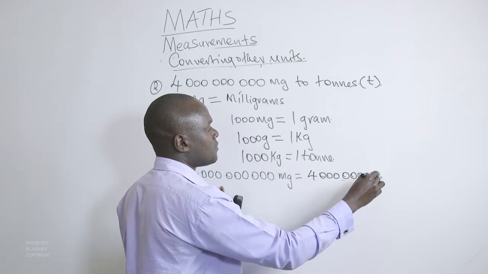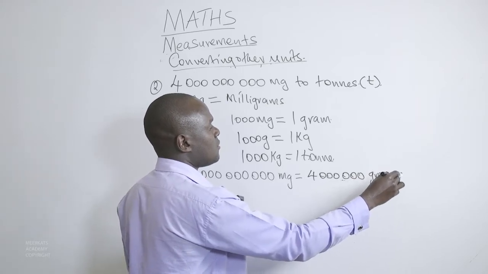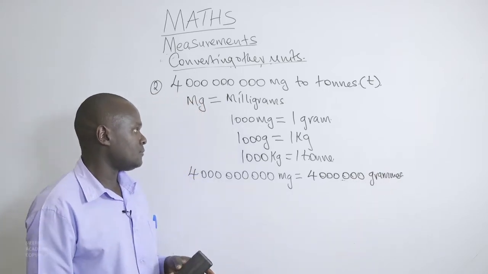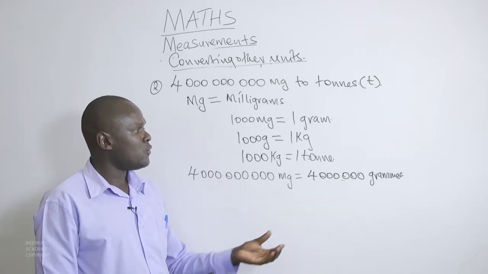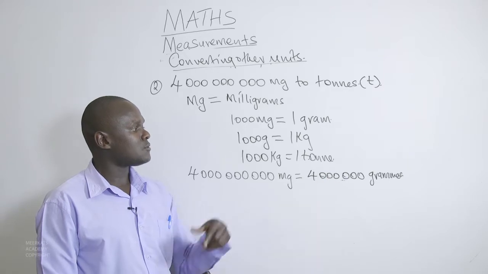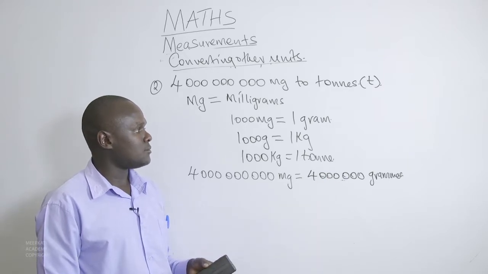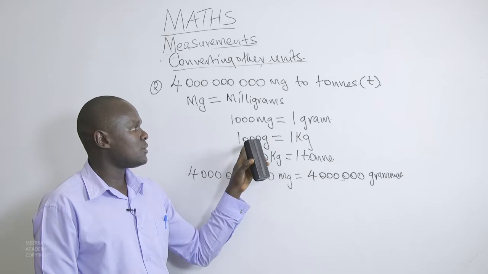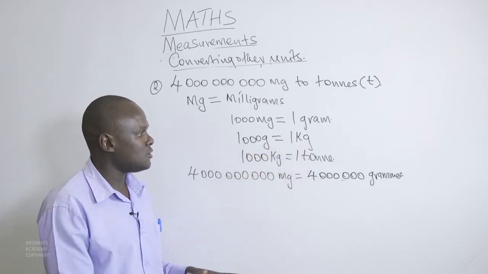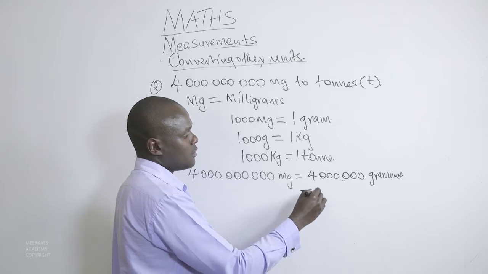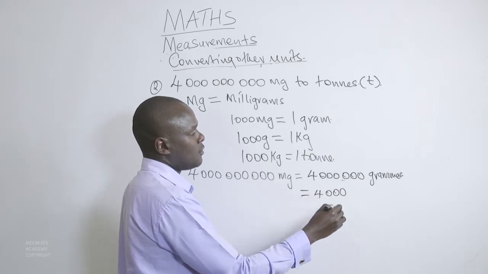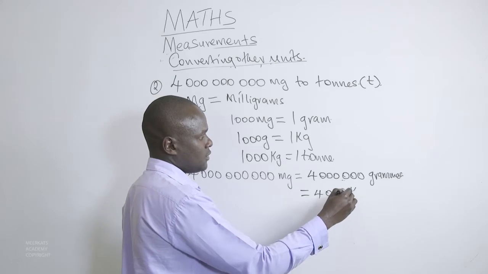Moving from grams, again, we need to convert this to kilograms. How many kilograms will this be? We know that 1000 grams is equal to 1 kg. So if we divide this by 1000, we are going to get 4000 kgs.